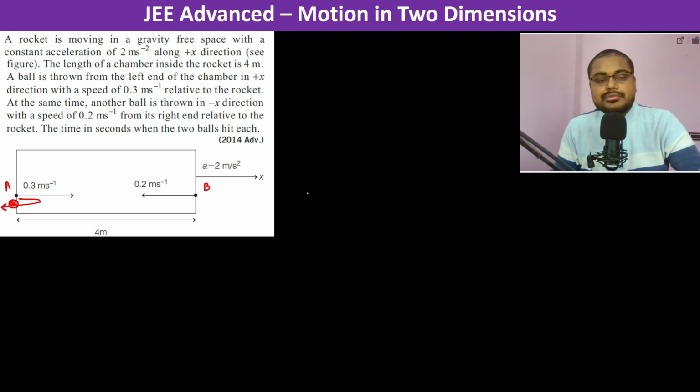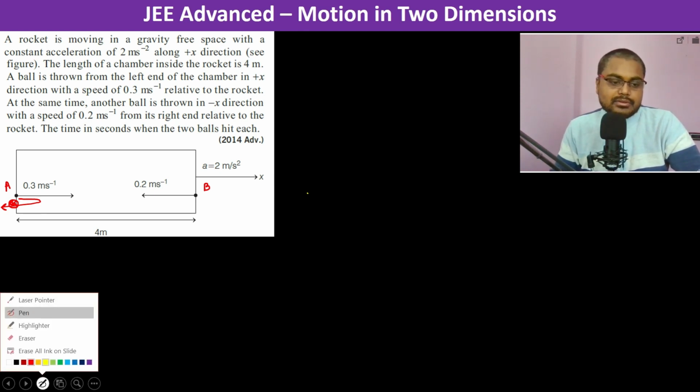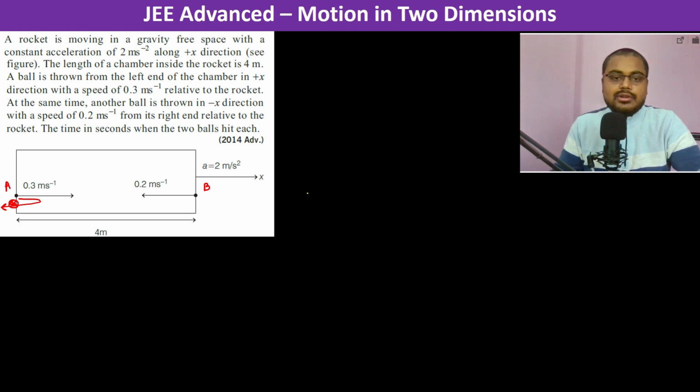We have to assume it because nothing is given in the question. So now what has to be done is just that the B ball has to travel this 4 meters. So therefore 0.2t plus half into 2 into t square is equal to 4.